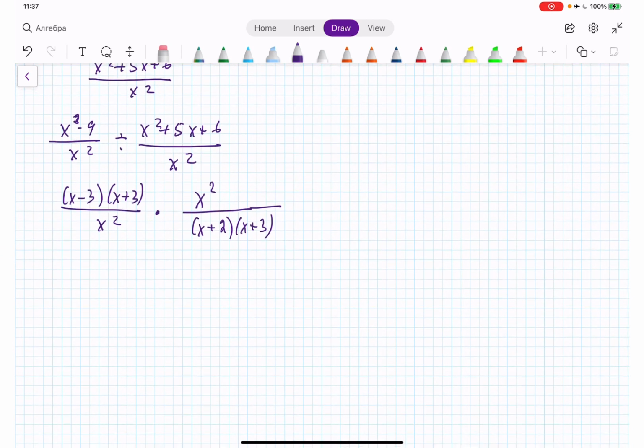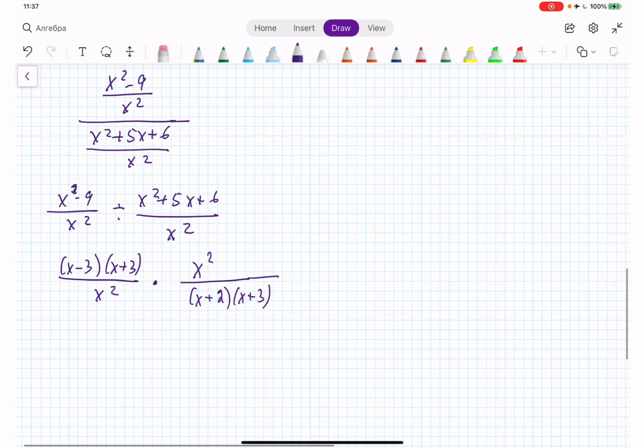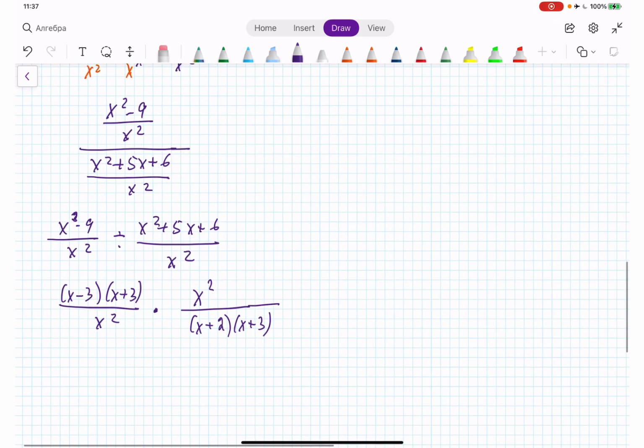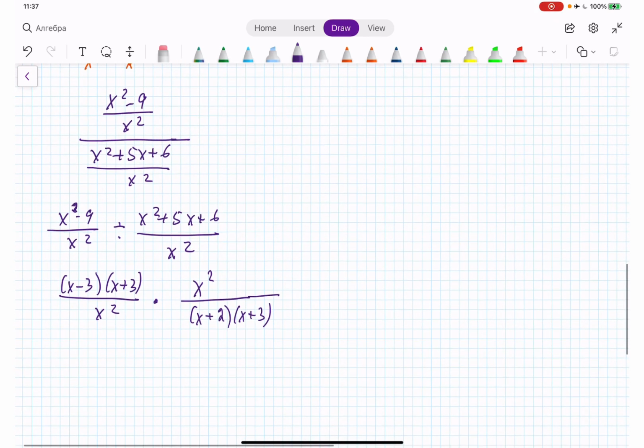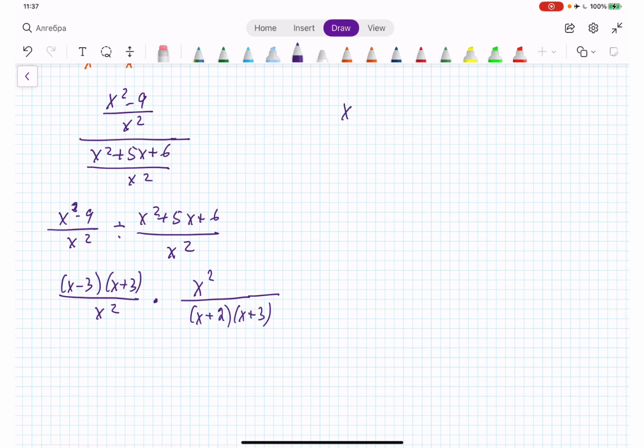Okay, so after this, actually one more thing we need to do: we can figure out what the domain is in this case. So the domain can be any number, but x cannot be equal to 0 because of this denominator, right?